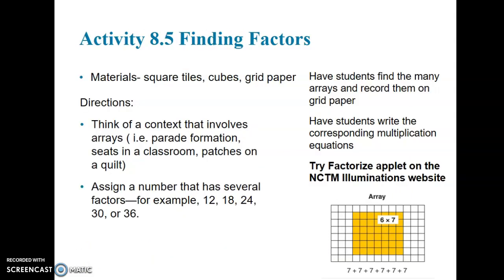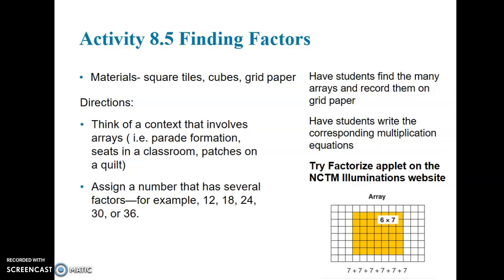Start by having students think about contexts that involve arrays, such as parade formations, seeds in a classroom, or patches on a quilt. Then assign a number that has several factors, for example, 12, 18, 24, 30, and 36. Have students build as many rectangular arrays as they can.